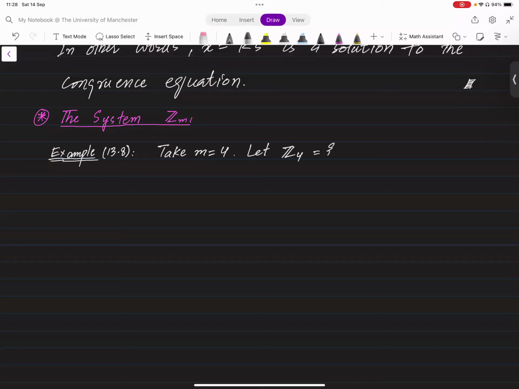So this is a set which consists of 0, 1, 2, 3. We have talked about it before in previous lectures. And define addition and multiplication of any two numbers in Z4.